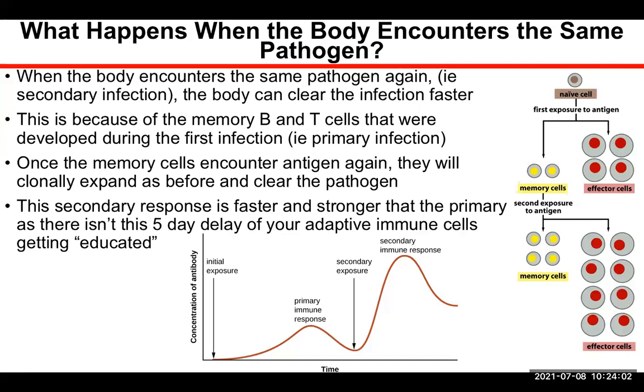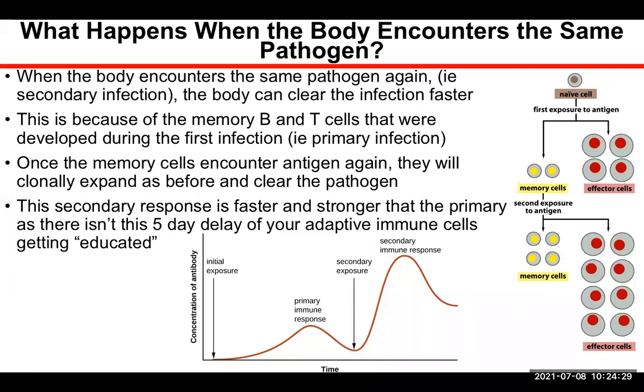And this happens for two reasons. The fast component has to do with, remember how I mentioned in yesterday's class, it takes about 5 days before your adaptive immune system starts to actually kick in. And then after it starts to kick in, it takes some time for the whole clonal expansion to begin. When you already have educated memory cells, that whole innate to adaptive transition doesn't need to happen.